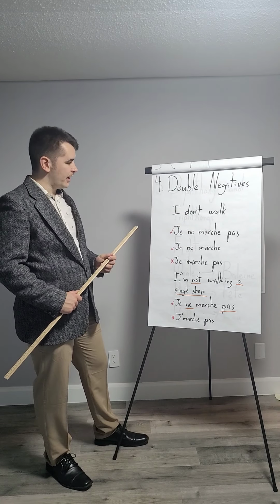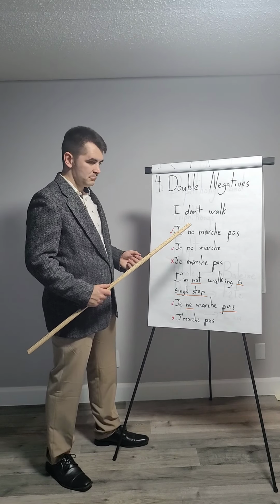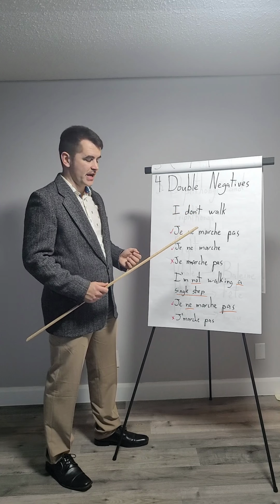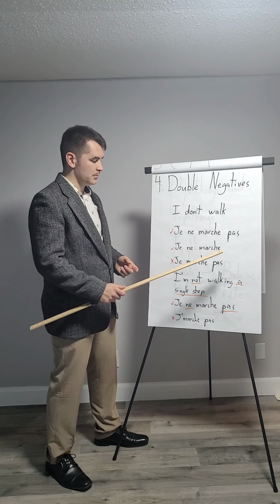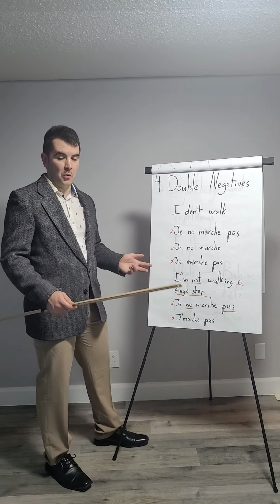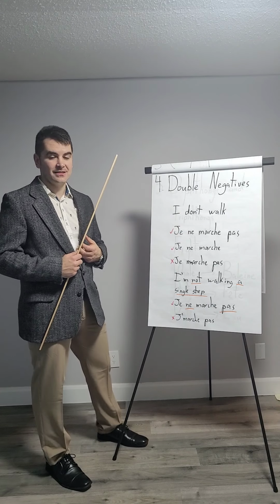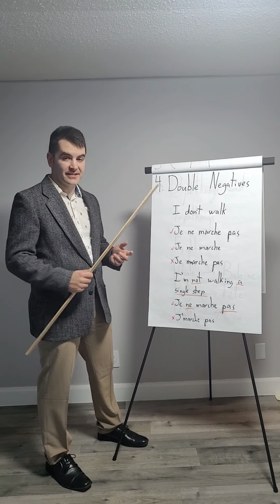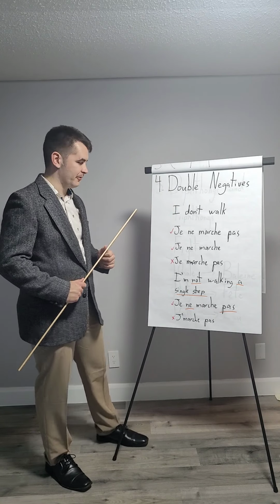So in Canadian French, in modern Canadian French, and what you would call international French, the way to write this would be je ne marche pas. This is commonly accepted, but you may ask yourself why there are double negatives. And it just so happens that I studied linguistics, and I studied under a professor that specialized in this very formulation in French.